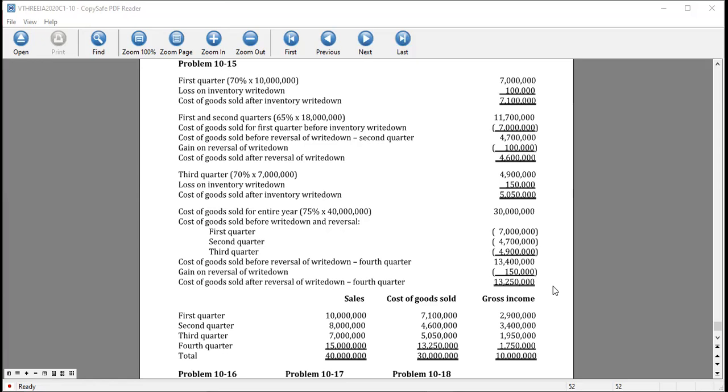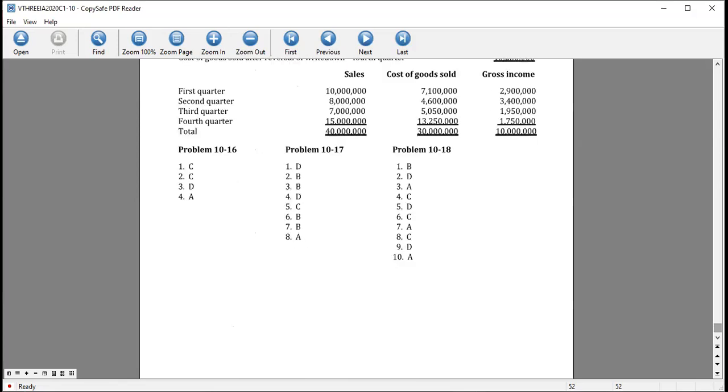Cost of goods sold for the entire year is 30 million. Now we have 10-16. Take note of the letter answers for 10-16, the letter answers for 16, 17, and 18.